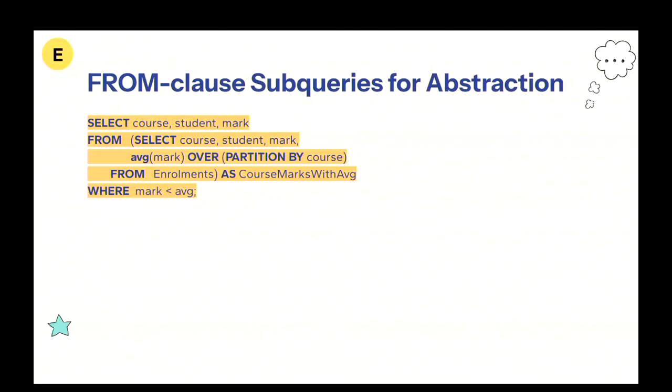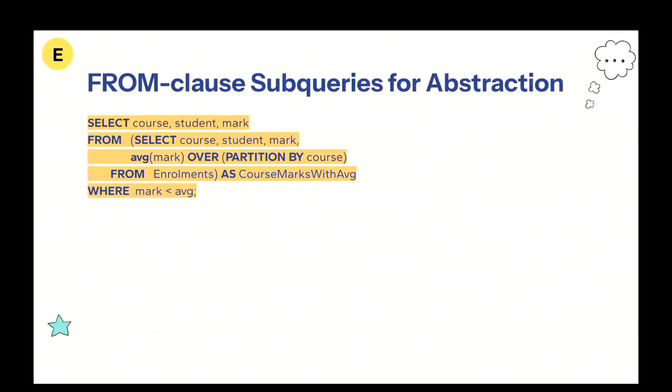And the second one is we can use subqueries in the from clause. Instead of selecting from the view, we can select from the result of a subquery. In this case, we can skip the definition of the view. We don't need to define the view, we just put it into the select here.